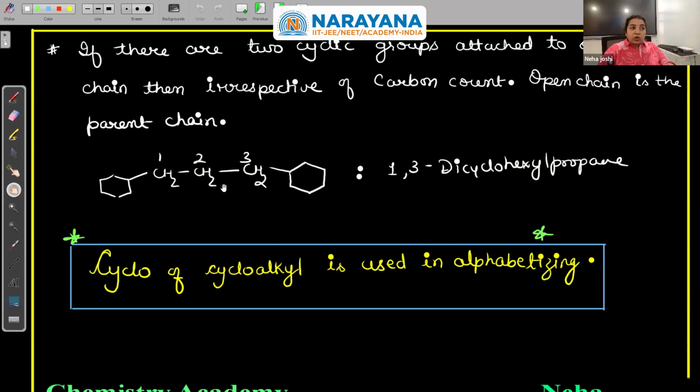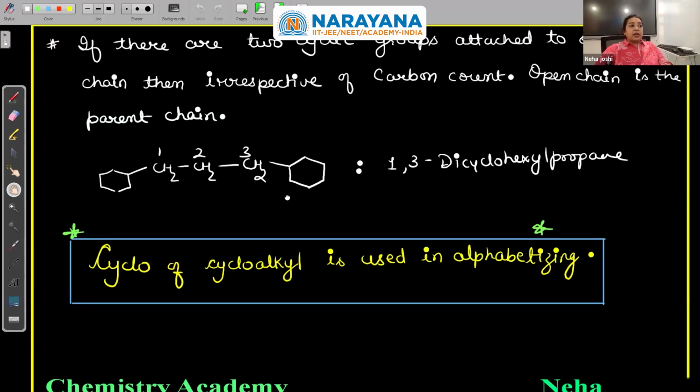So if there are more cycloalkyl groups present on my open chain, then I'll take the open chain as the parent. And a very important point, this green star mark: the cyclo of the cycloalkyl is used in alphabetizing. You have to consider it while setting them in alphabetical order, right?